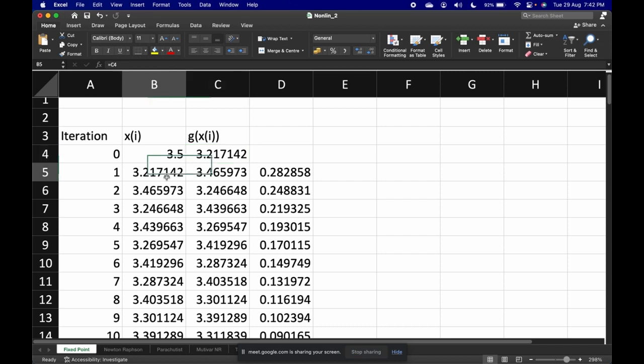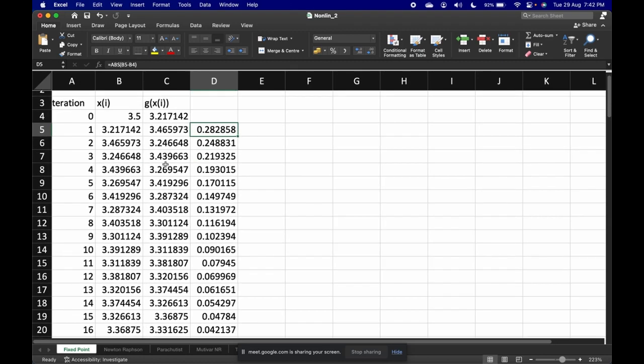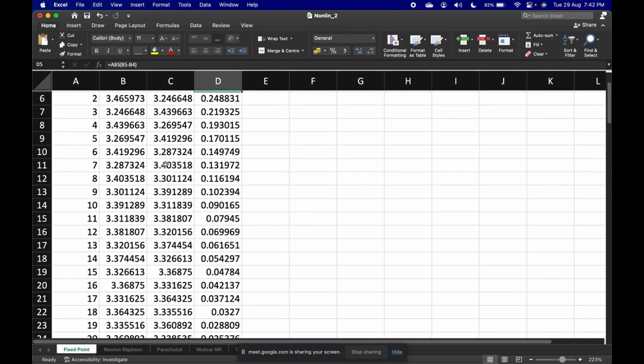That value is assigned here, and similarly the rest of the table has been produced. The error is calculated by taking the absolute of the difference between these two values, and using drag and drop I have calculated the rest of the table.